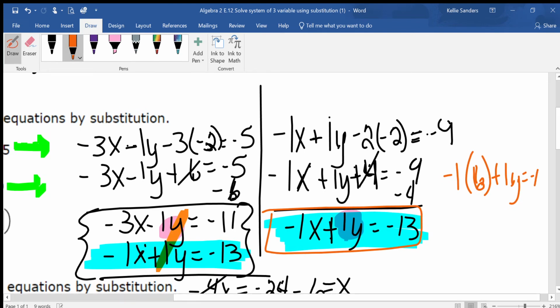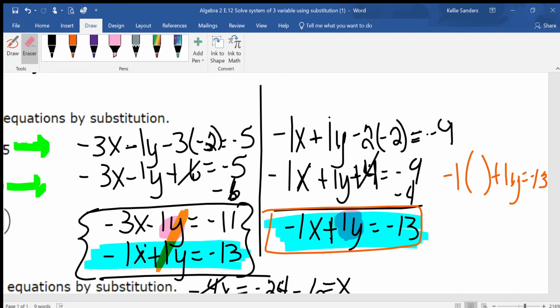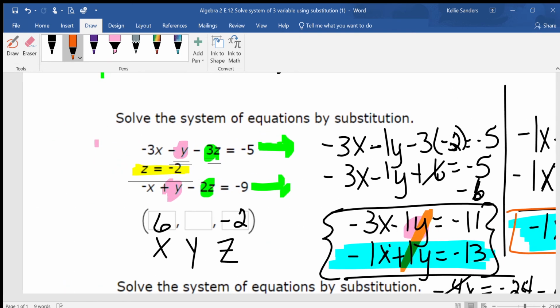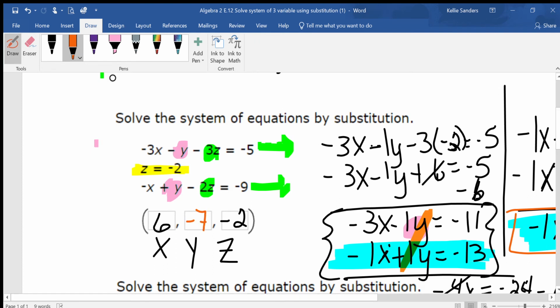Equals -13. -1 times 6 is -6 plus 1y equals -13. Add the 6 and y equals -7. Y equals -7.